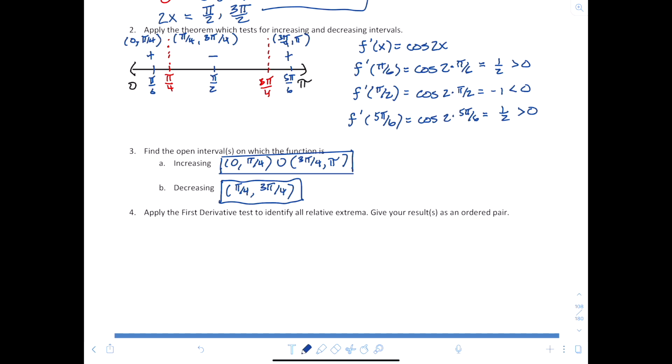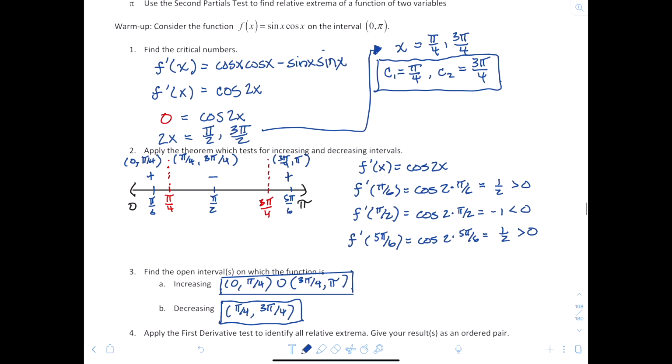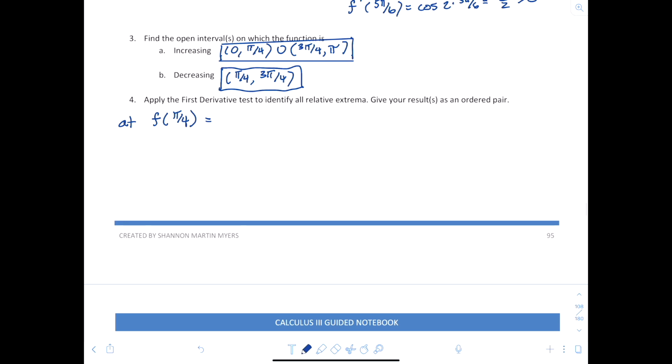So that means that at f of pi over 4, right, which is equal to, what was the original function again? Sine x cosine x, right? So sine at pi over 4 times cosine at pi over 4, which is equal to what? A half, right?